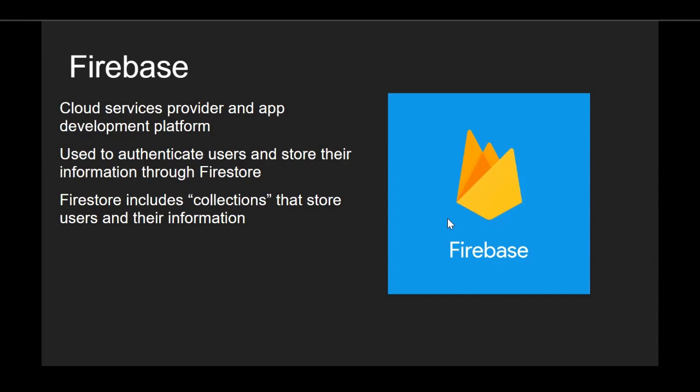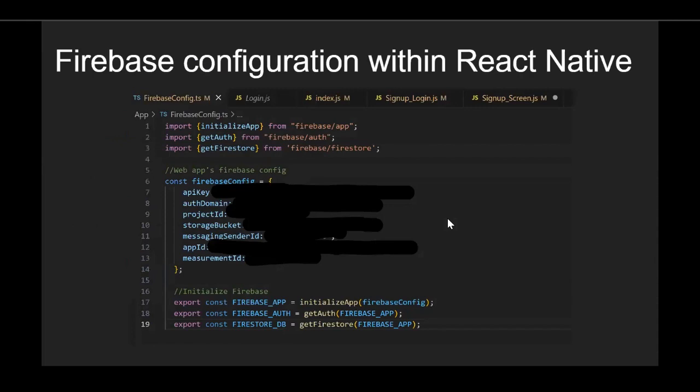And Firebase also has collections that we use to store users and their information. So each collection had a document, and those documents held the user information. And we'll get into that in probably the next slide. Never mind.